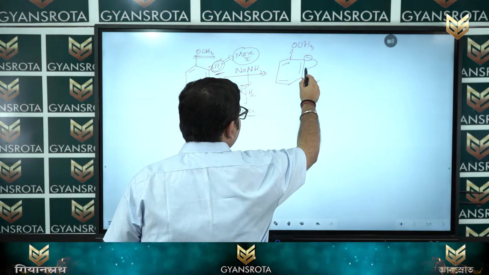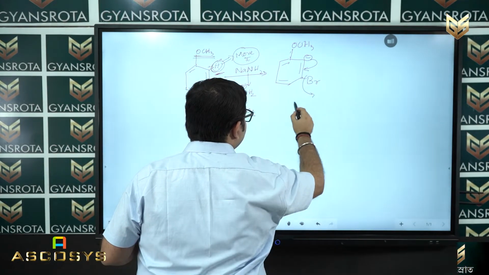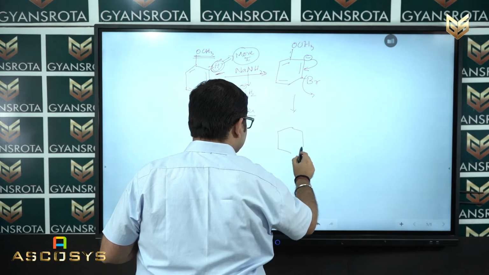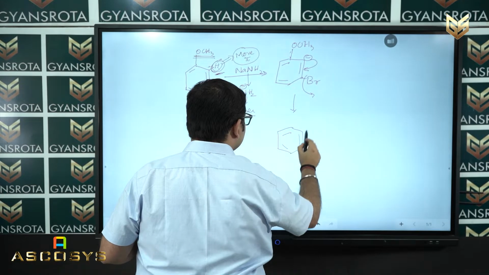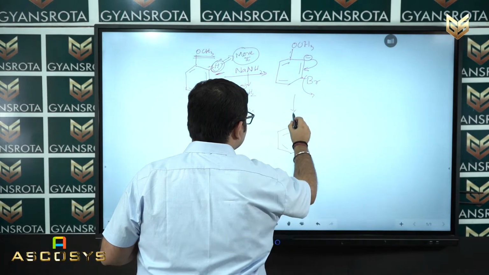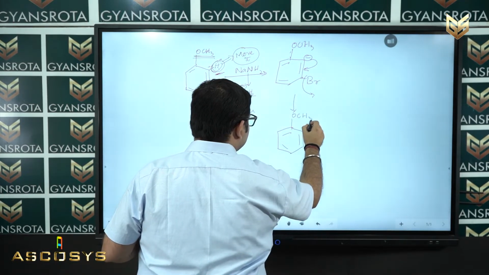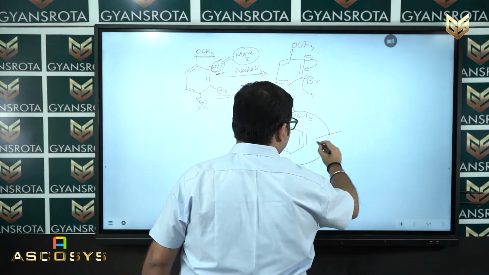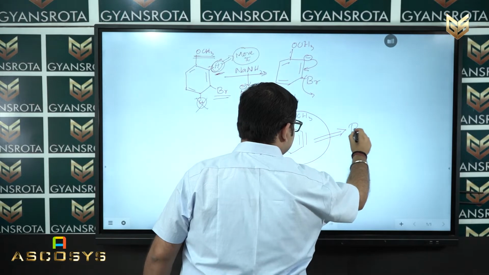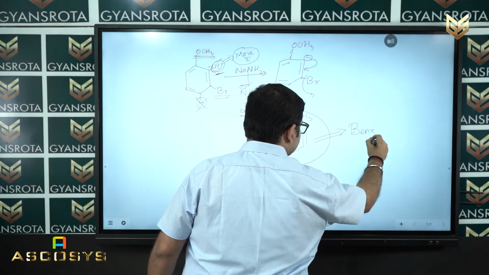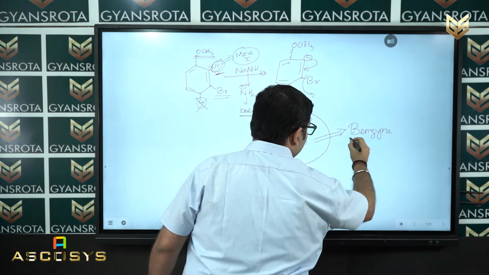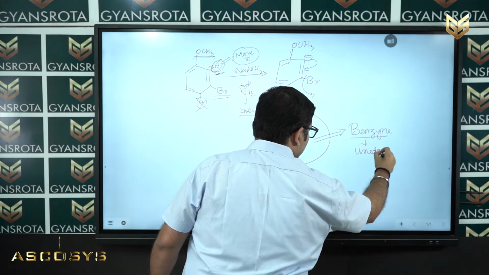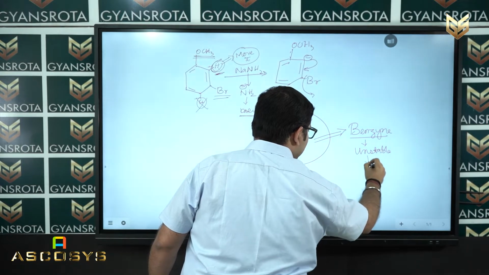This minus will go to this side and your bromine will be left out. So, you end up with this product, and this product is nothing but your benzyne intermediate, and we all know benzyne is highly unstable. When it is highly unstable, it is more reactive.